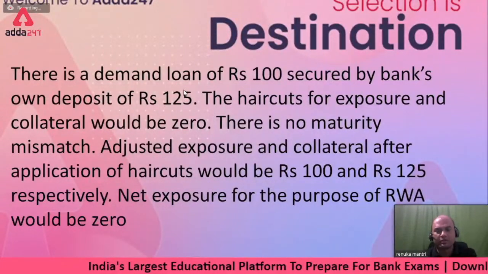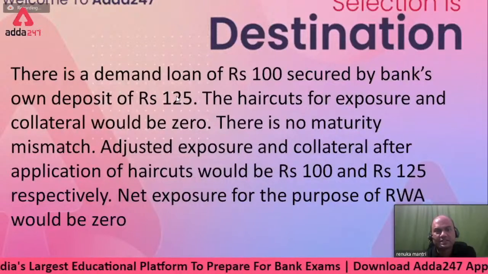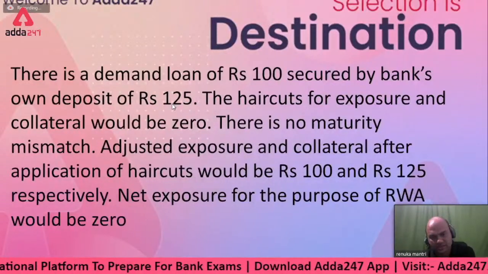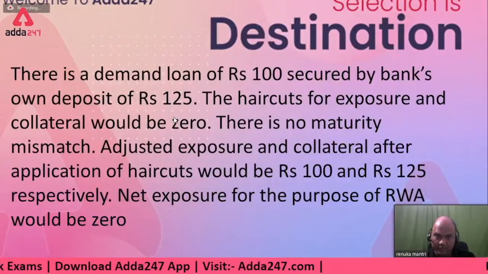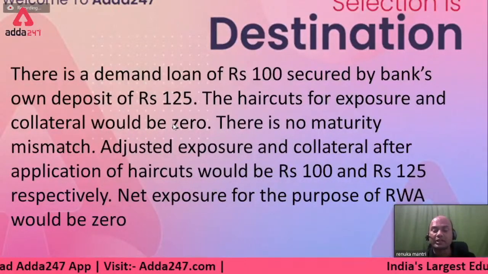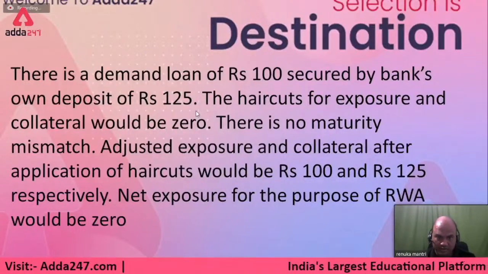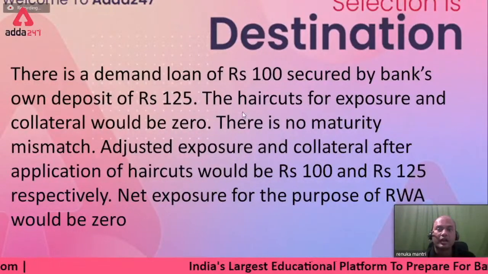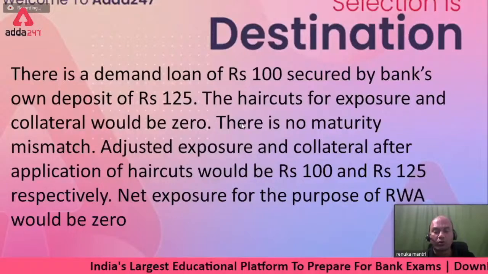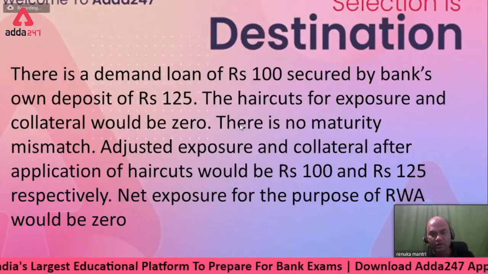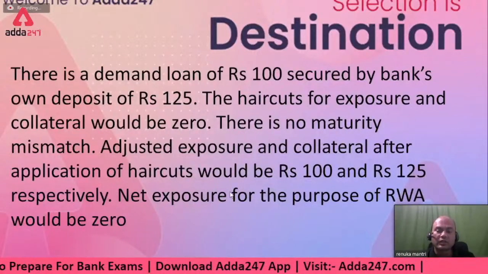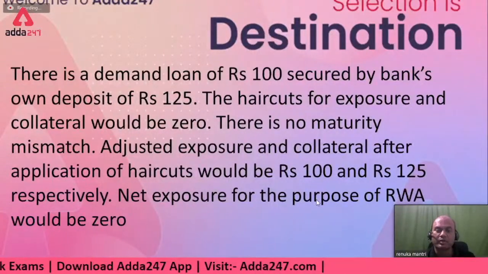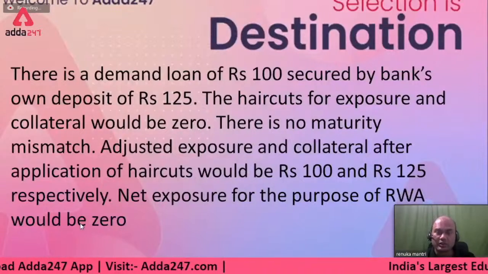So remember always, any loan which is secured by your own FD of same maturity or higher maturity collateral, maturity is also important, will have a 0 net exposure for the purpose of RWA.